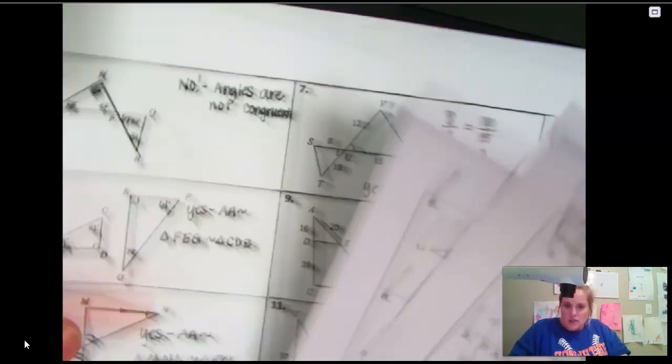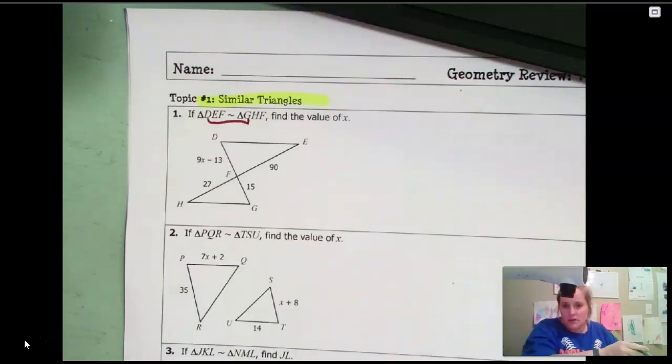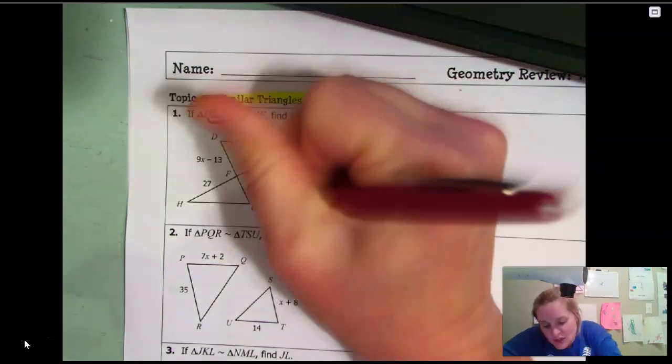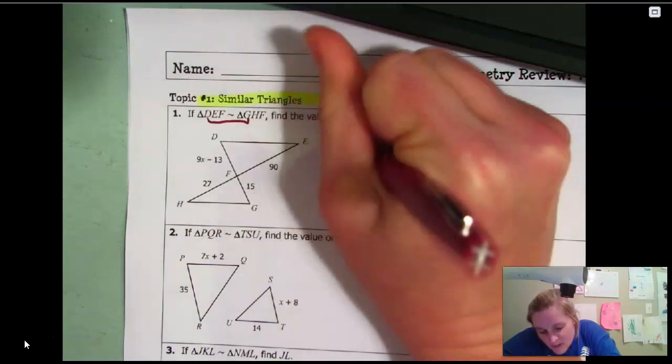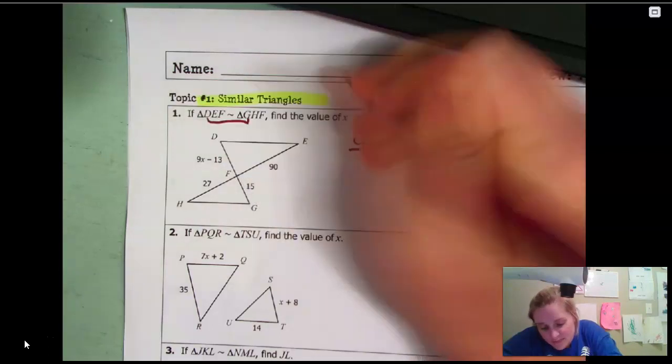What you would do is create yourself a proportion. Sorry, y'all. So I would say, okay, segment GF, I'm going to connect that with FD.